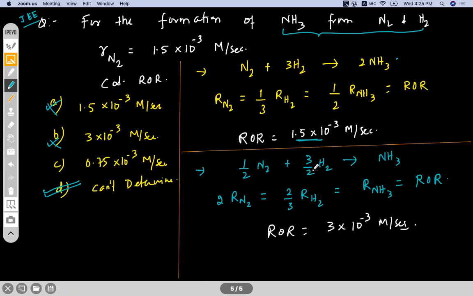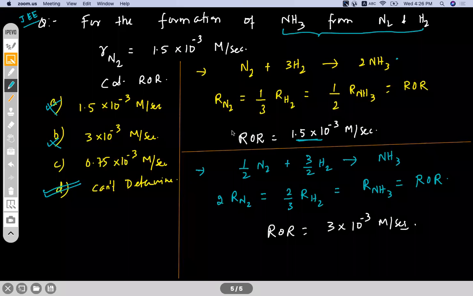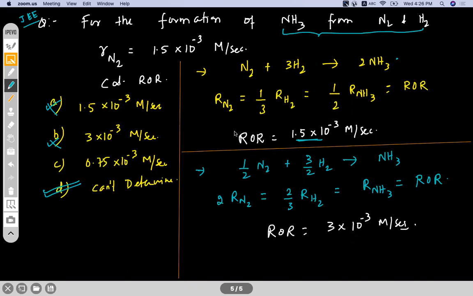Write down, if the balanced reaction... A relative rate we can say, because in a real life situation you're talking about, so we can take the relative rate.